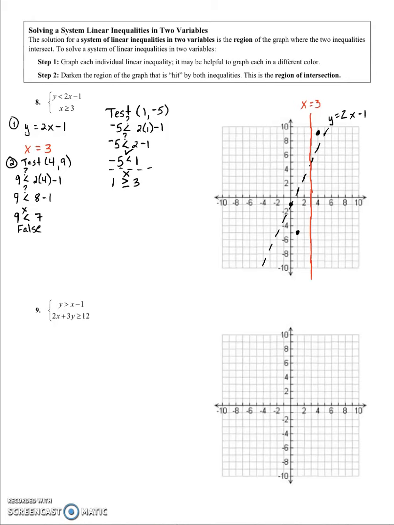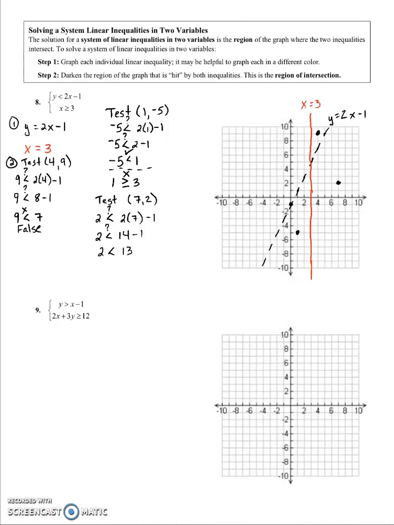Well, that's not true. So it's not that part of the graph either. So let's pick another point. Let's pick 7, 2. So the point 7, 2 is right here. Okay, so in the first inequality, we have 2, and we need to know if that's less than 2 times 7 minus 1. 2 times 7 is 14.